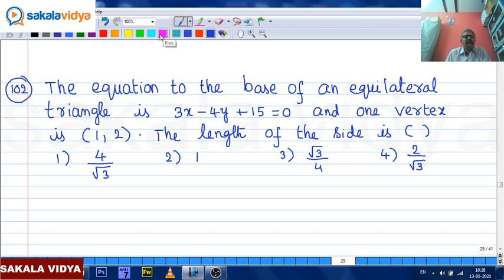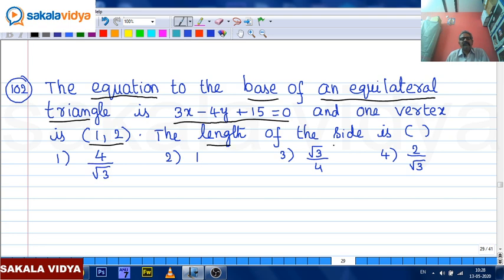So actually this problem is related to geometry. The equation to the base of an equilateral triangle is 3x minus 4y plus 15 is equal to 0. One vertex is 1 comma 2. The length of the side, check 1 comma 2: 3 minus 8, it will not satisfy. That means 1 comma 2 does not lie on this line. So now you draw the equilateral triangle.